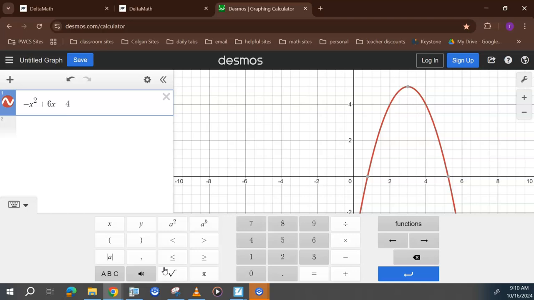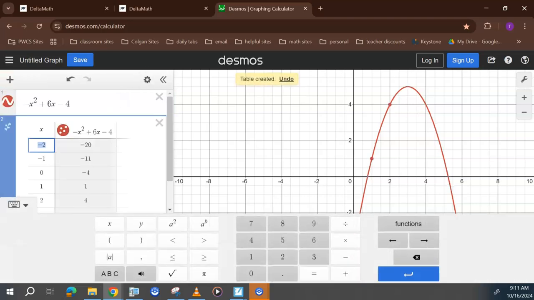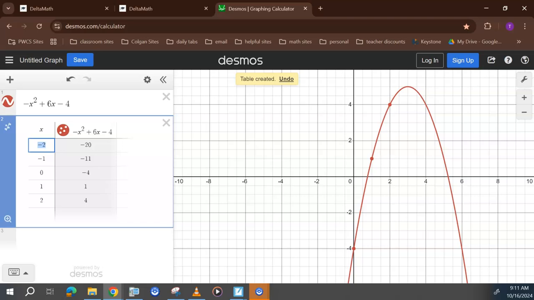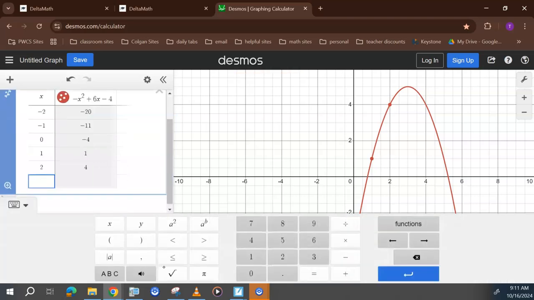If you go into the gear wheel and make this a table, there'll be only 5 numbers up there, but you can put in others. So let's say I want to know what f of 5 is, I could put that in and it would tell me what that is. You can do that and you can keep going. Okay, questions there?